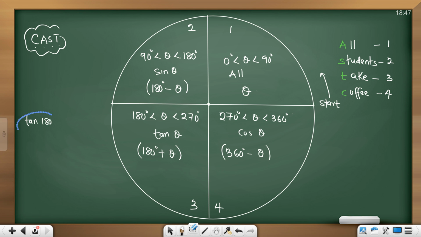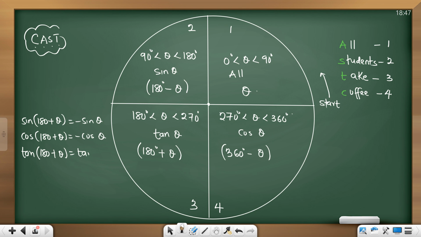I don't want to start writing all of those because sine 180 plus theta here, we know that's negative sine. You already have this information, so there's no need to write it again. I'm just repeating. If I go to the second one, all of them are negative except sine.